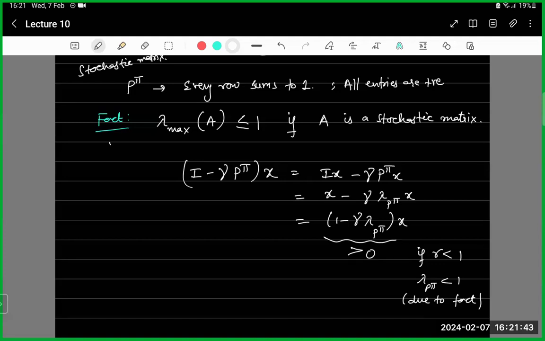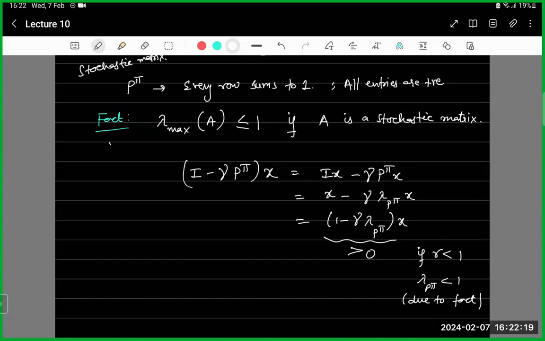That much is clear in the first step, otherwise it won't be an eigenvector. So you take any eigenvector of that matrix, then you can write it in this form, for some lambda of P pi, and any lambda of P pi is less than 1.